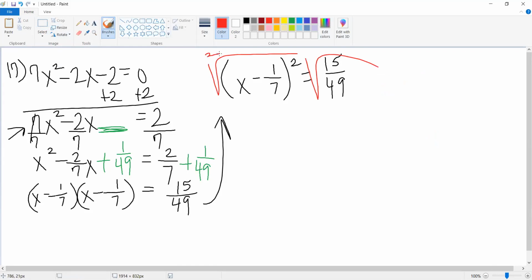On the left side, the root and the exponent cancel, leaving us with just x minus 1/7. On the right-hand side, don't forget your plus minus sign.